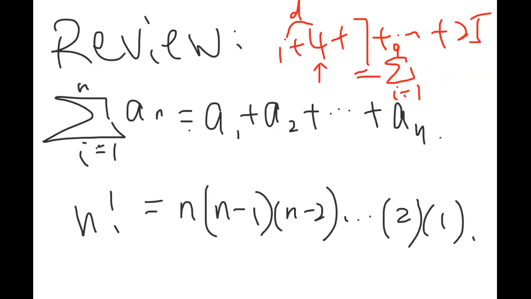So for a_i, the ith number, you have i minus 1 common differences, which is 3, added to the first number 1. Simplify this and you get 3i minus 3 plus 1, so 3i minus 2. This is how we rewrite this sum into sigma notation.